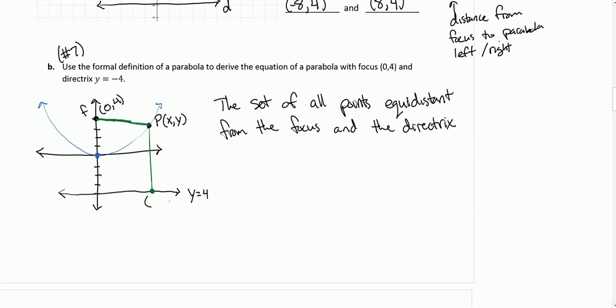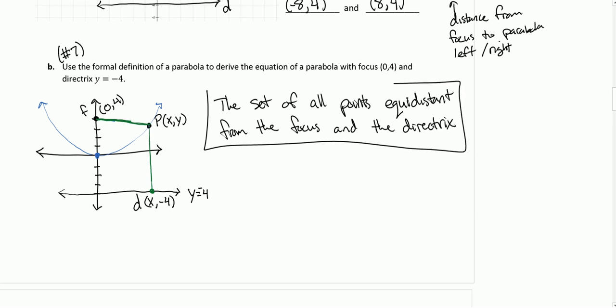But that particular coordinate where they touch here is going to have the same x value, which is just a generic one, with a height of -4. And we'll call that point D for the point on the directrix. And so by our definition, we know that the distance FP is going to equal the distance from P to D.